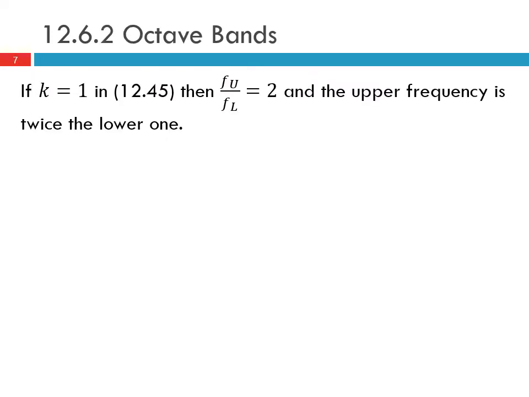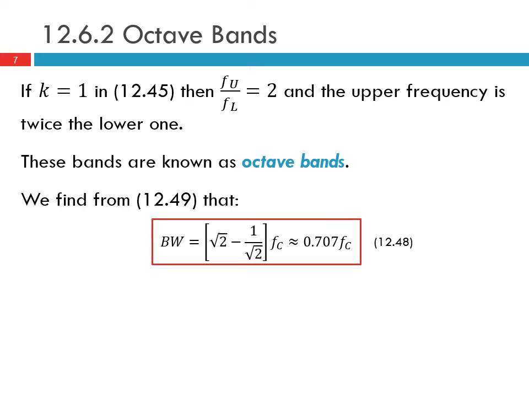If k is equal to 1, then we get something called an octave band. In this case, FU over FL is equal to 2, and the upper frequency is twice the lower one. From our previous equation, the bandwidth is equal to the square root of 2 minus 1 over the square root of 2, times FC.